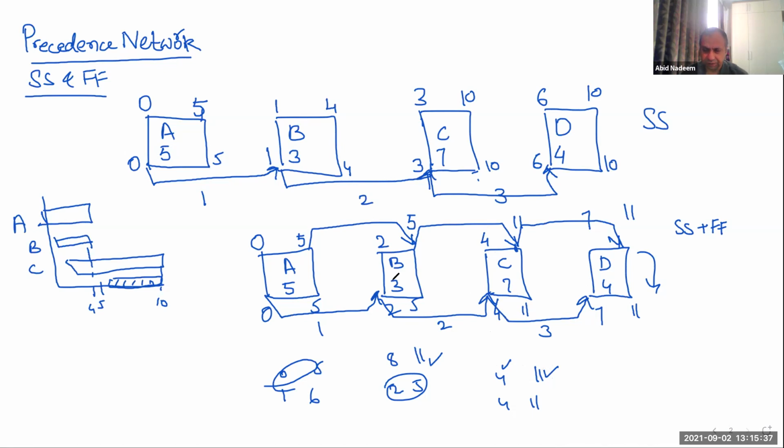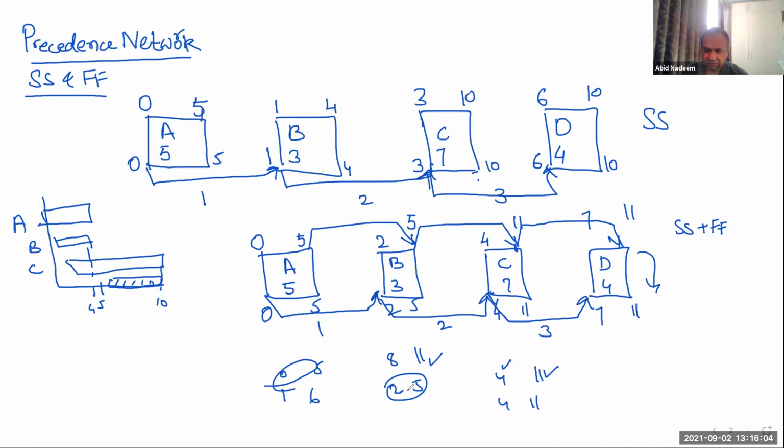From C to B, from the finish 11, it should be 11 over here. 11 minus 3 is 8. From the start to start, it is 4 minus 2, which is 2, and 2 plus 3 is 5. So from 8 and 11, and 2 and 5, we take 2 and 5, the lowest of the pair.